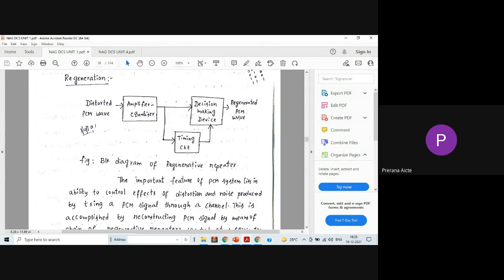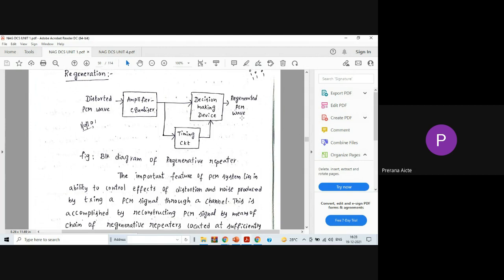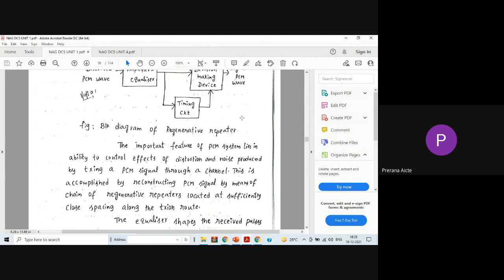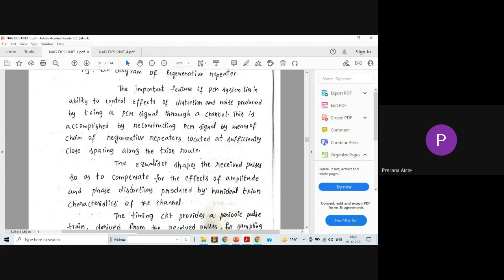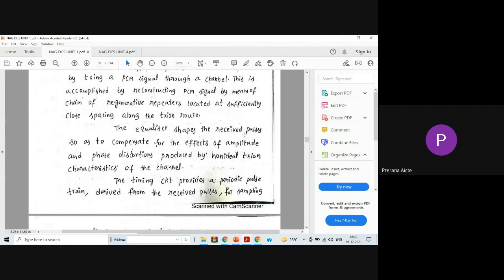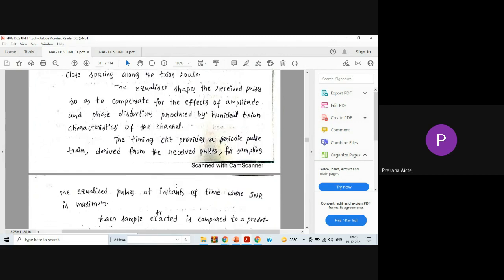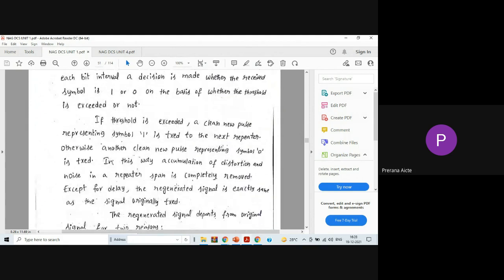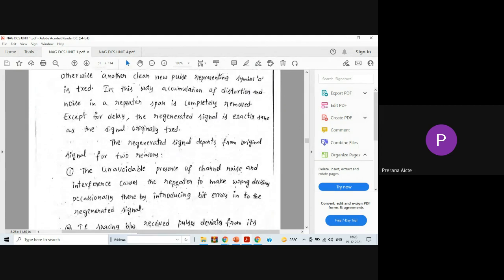Then we are able to generate the errorless PCM wave. The equalizer shapes the received pulses and compensates the effects of amplitude distortion produced by the channel. Then the timing circuit provides a pulse train. Then we get the error-free PCM signal.